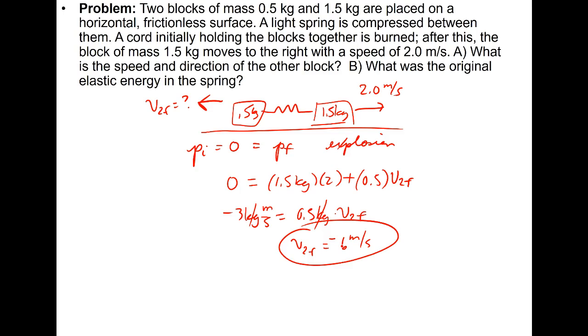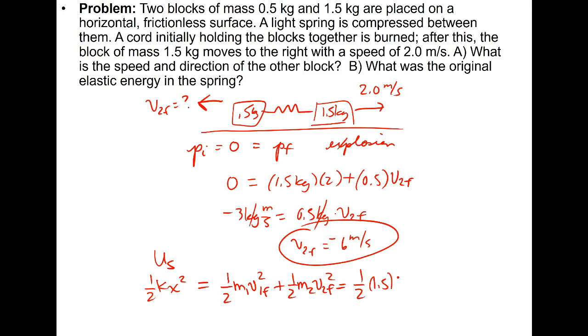But now, what was the original elastic energy in the spring? Well, we could write that as 1/2 kx squared, but we don't know k and we don't know x. But that is the elastic spring energy. And what happened to that spring energy? It went into the blocks in the form of kinetic energy. So 1/2 M1 V1 final squared plus 1/2 M2 V2 final squared. So we just plug it in.